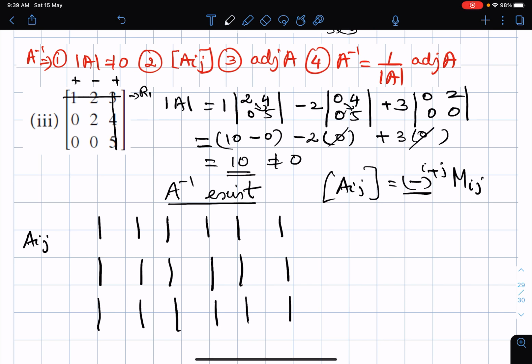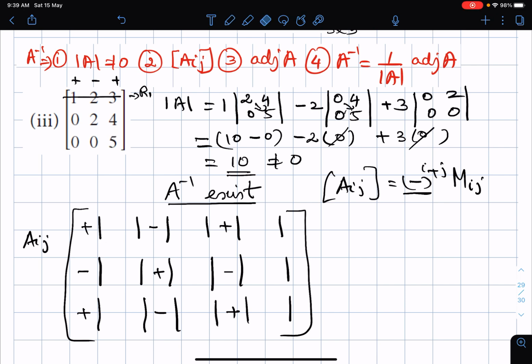We are going to put the signs here: plus, minus, plus, minus, plus, minus, plus, minus, plus. This is going to be our cofactor matrix, and we are going to write the minors by deleting the row and the column of the corresponding element. Okay, let's go to our first row, first element. This first row we have already done.